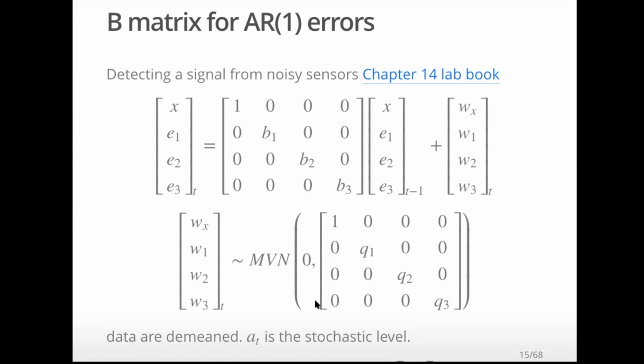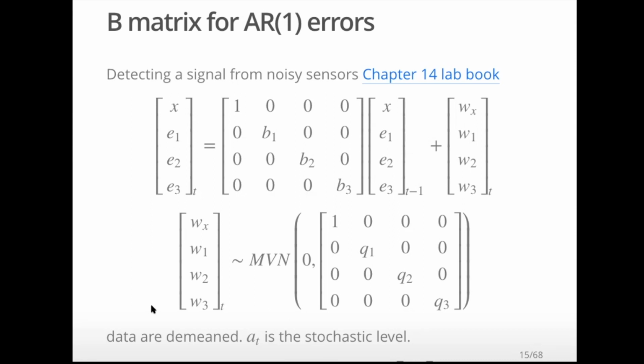And so the way that you would do that one, this is kind of funny. This is a model that I've seen a number of times, where you're trying to detect a noisy signal. Remember we worked earlier, a few classes ago, where we had a stochastic level.